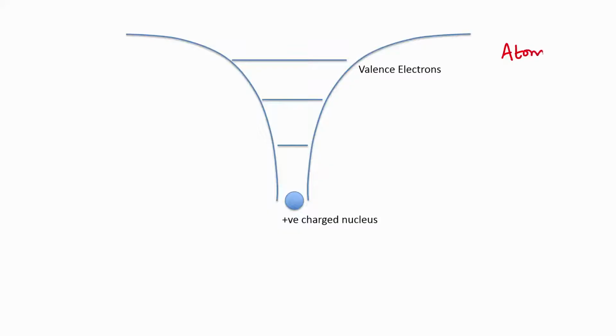For an atom, we have a positively charged nucleus, and you have electrons going around this positively charged nucleus. In fact, you have an electron cloud because you only have a certain probability of finding the wave electron at any particular location.